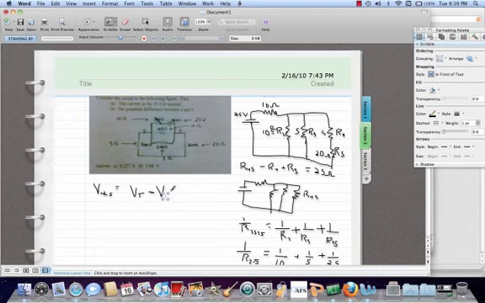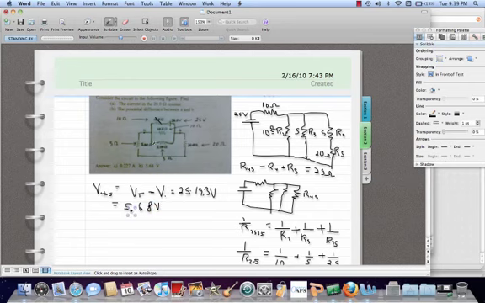And so that's equal to 25 minus 19.3, and I'm left with 5.68 volts. Okay, so now I've got the voltage.